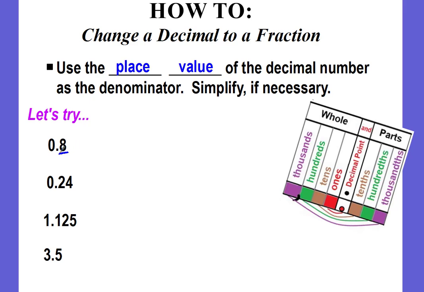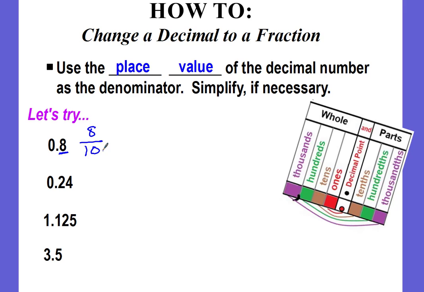There's only one decimal place value, which is the tenths. So we read this as 8 tenths, or 0 and 8 tenths. That's how you write your fraction. The 8 is the numerator, the place value, which is the tenths, is your denominator. So there's your fraction, 8 over 10.